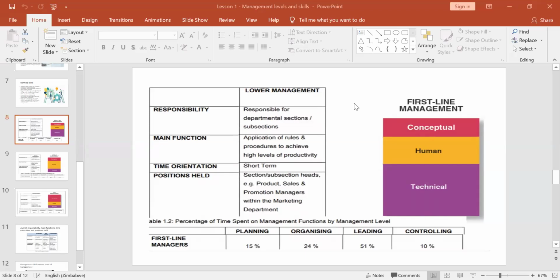So if we are running an organization in the food industry, the first line manager, the foreman, surely they have to be a chef.